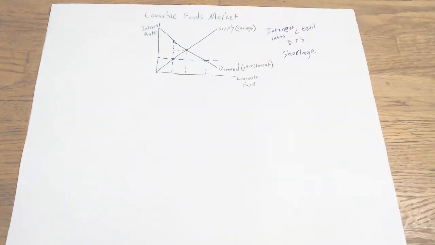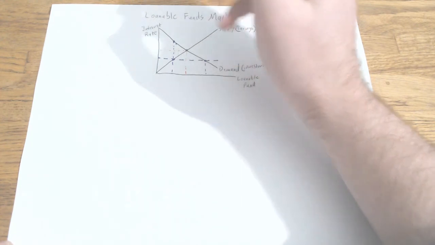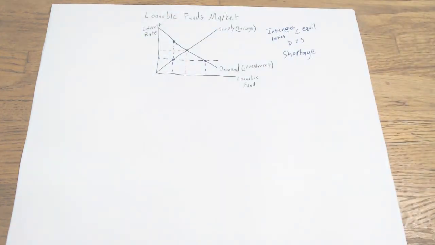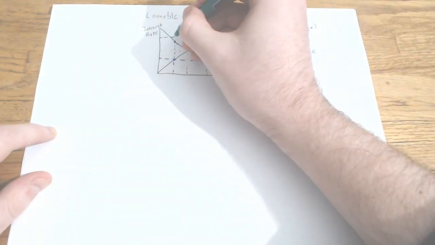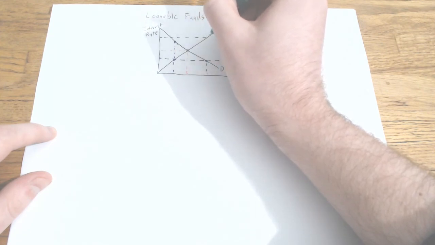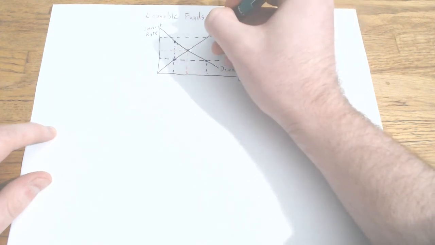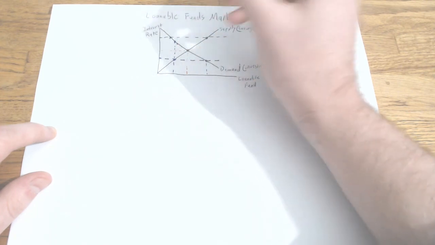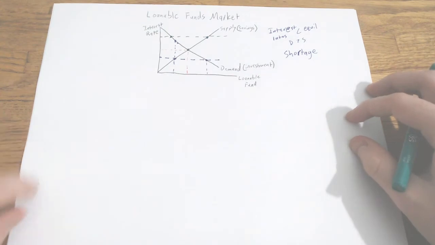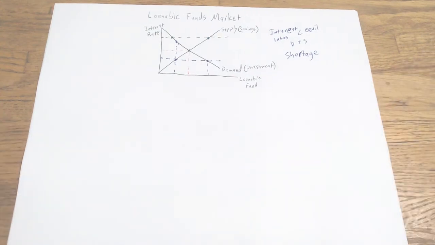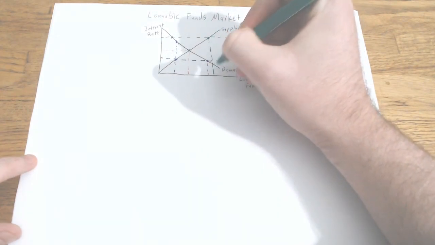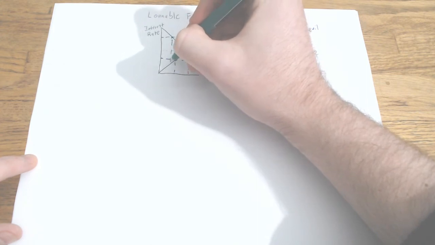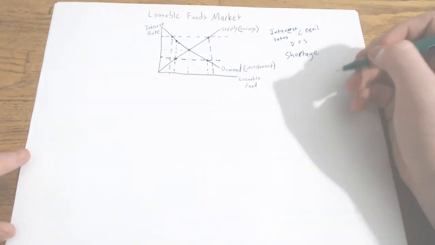If the interest rate is above equilibrium and we are above the point, let's say we're up here, supply is going to be here, demand is going to be here, and if this is the case, unfortunately I didn't draw my graph perfectly, then supply is going to be greater than demand.